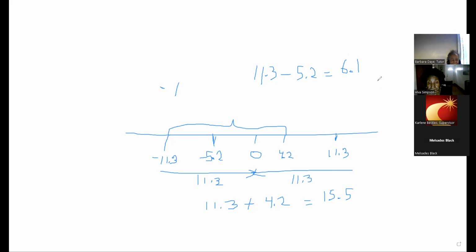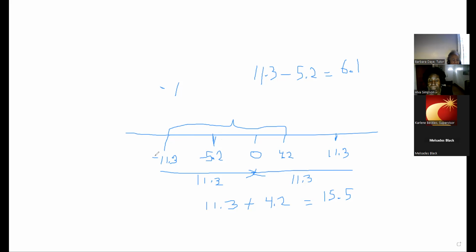What's tricking me right here? Because you're saying minus 11.3 to minus 5.2, I'm thinking of adding instead of subtracting. No, but you're trying to find the distance between these 2 points. How far did you move, going from minus 11.3 to minus 5.2?